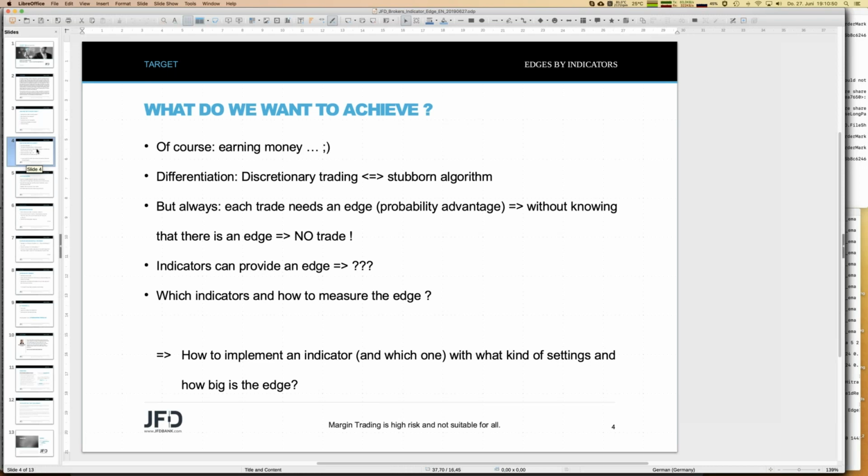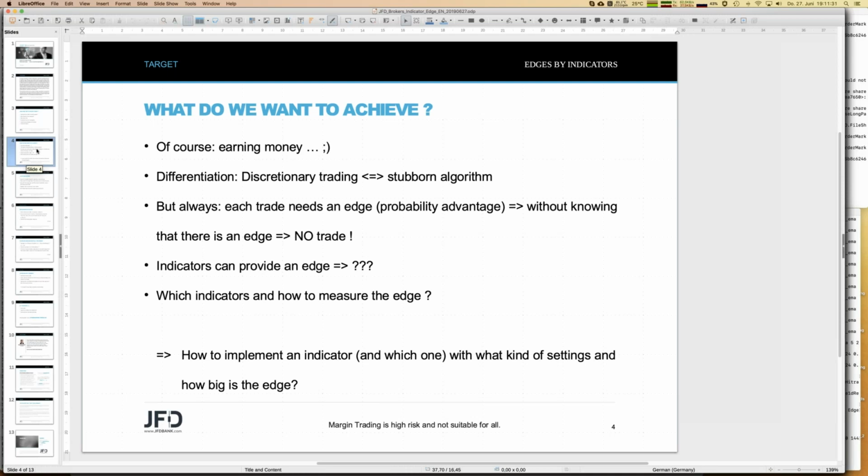Okay, that we know. But anyhow, doing discretionary trading or statistical or algorithmic trading, both have one thing in common. If you do a trade, it needs an edge, so a real probability advantage. And let me turn that sentence the other way around: without knowing that there is an edge, no trade. And having that maybe in big letters beside your screen sometimes may help you.